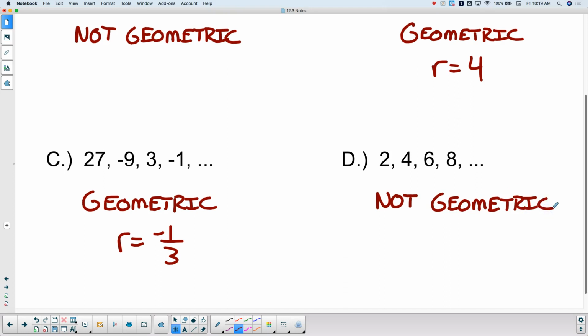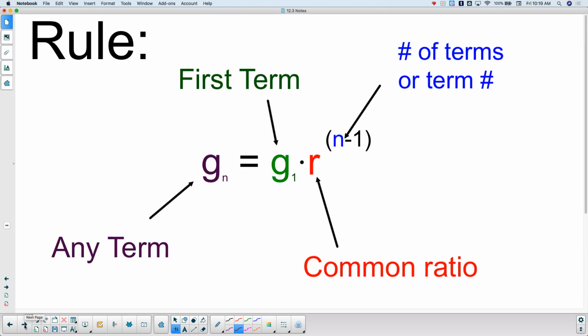Okay. So just like with arithmetic sequences and series, we need to have a rule that we can find so that we can find some term later on in the sequence. And here is that rule.